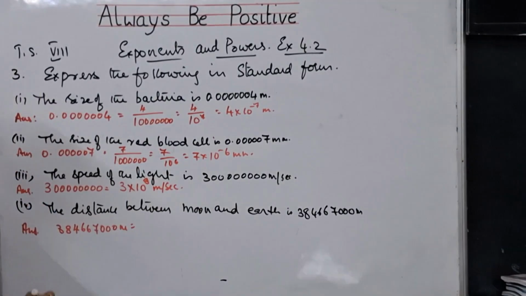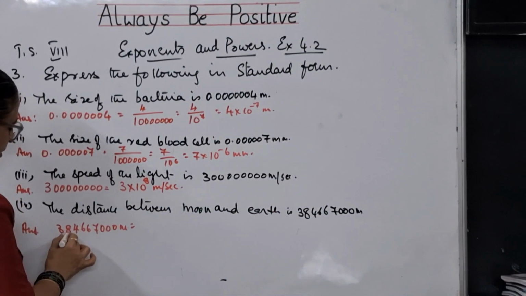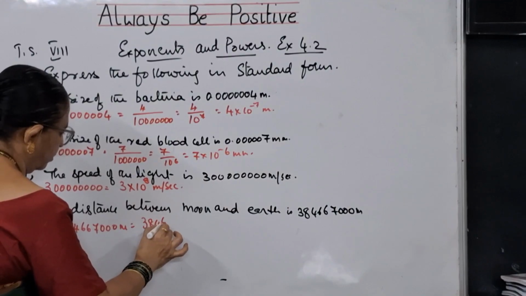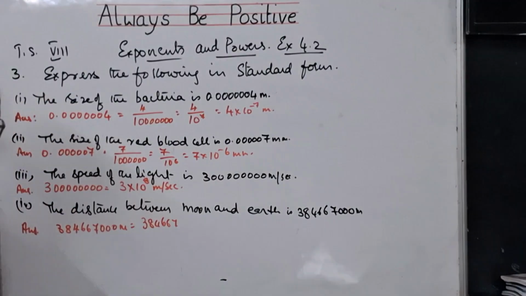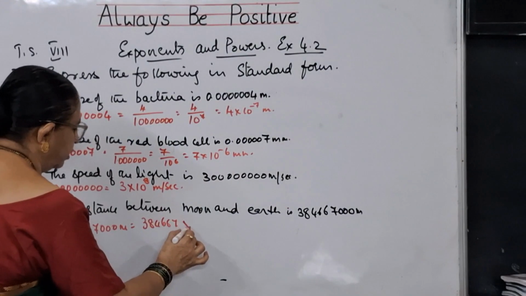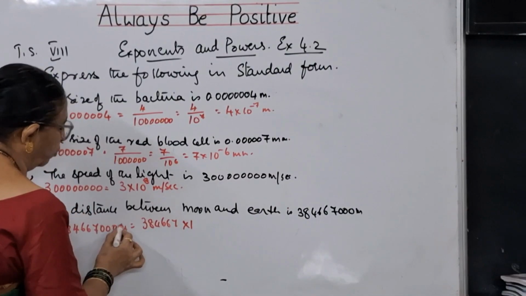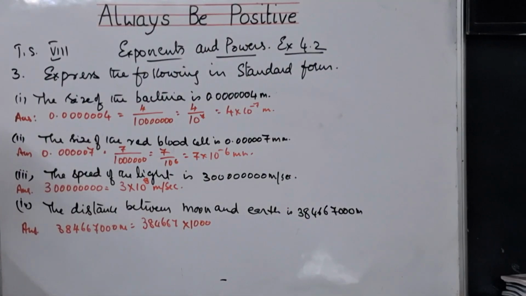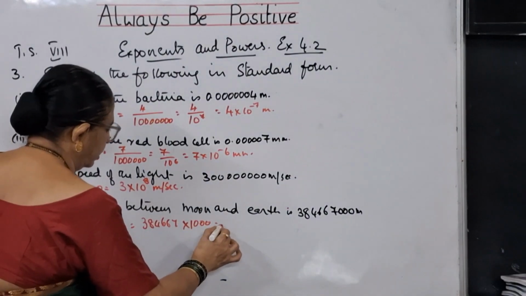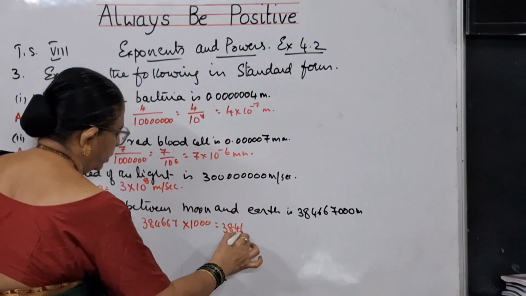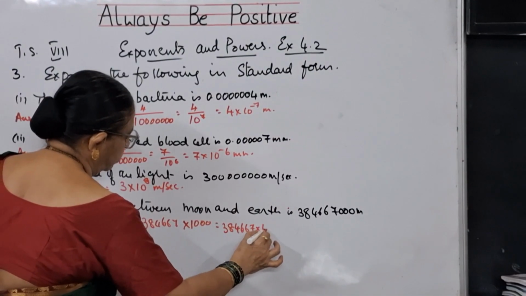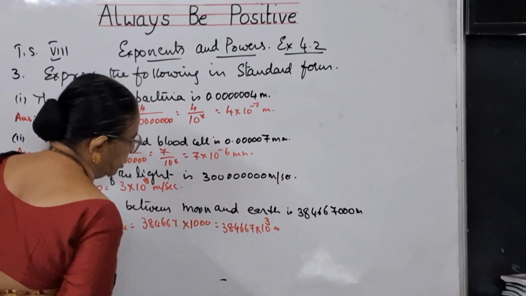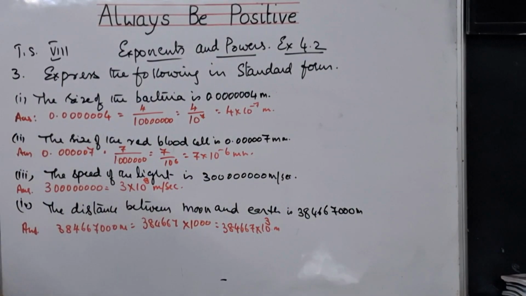So you write the numbers first, 384,667 into 1000. After 1, we'll keep 3 zeros. That means you are getting 384,667 into 10 cube meters. 10 cube meters is the answer, children.